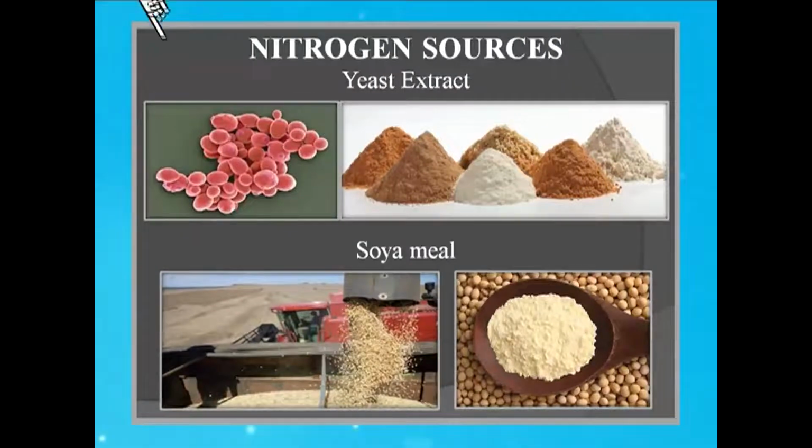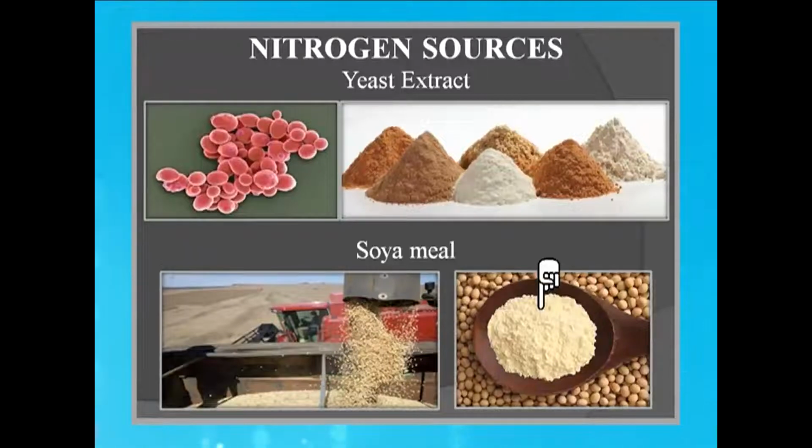So, the source is Saccharomyces cerevisiae, the yeast, bakers' or brewers', and what we extract after it is known as the yeast extract. Soy meal, as we all know of soya beans, when soya beans are pressed to extract the oil, the remaining part can also be further extracted to give us a powdery compound called soya meal. This is also rich in proteins and can be very well used.